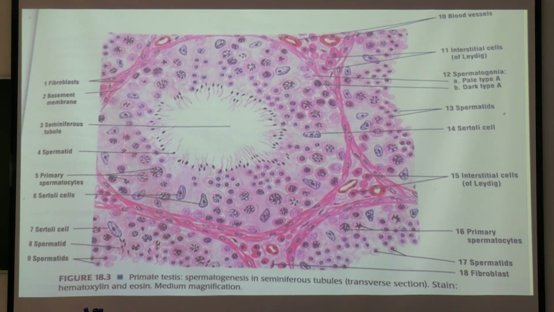Enlarged view of the seminiferous tubule, different cells. The larger nuclei are of the Sertoli cell. Here is one Sertoli cell. These are the Sertoli cells, and these are the different stages of germ cells: Spermatogonia, spermatocyte, spermatid, and mature sperms.